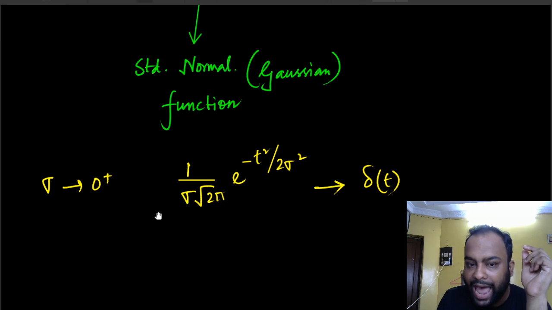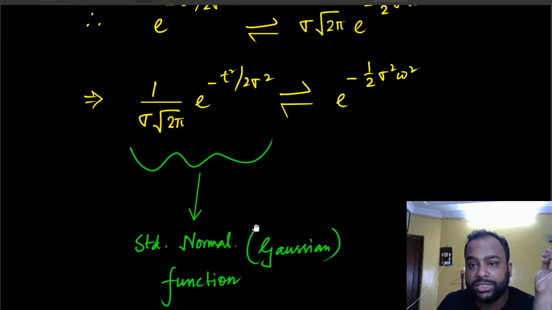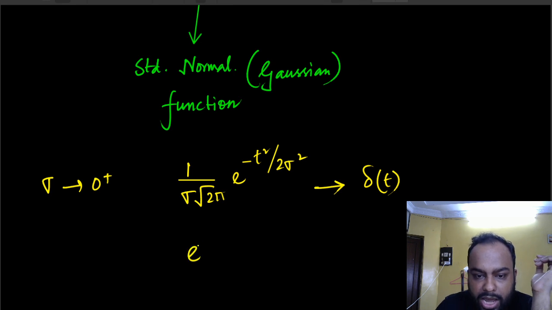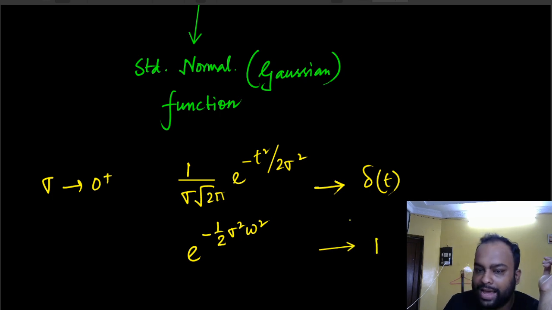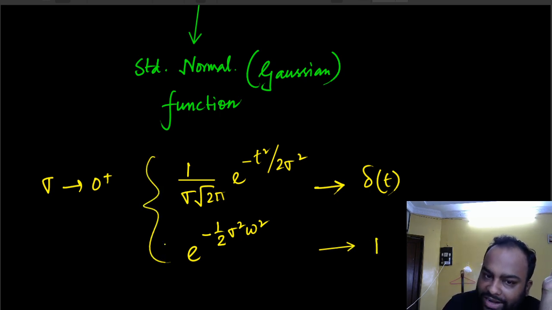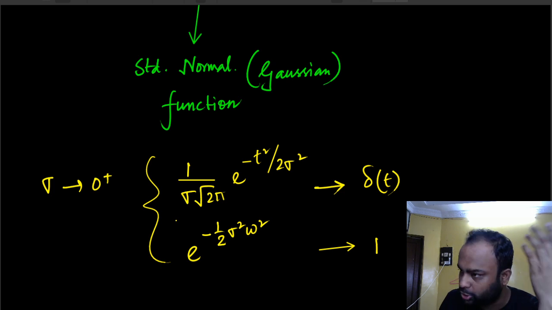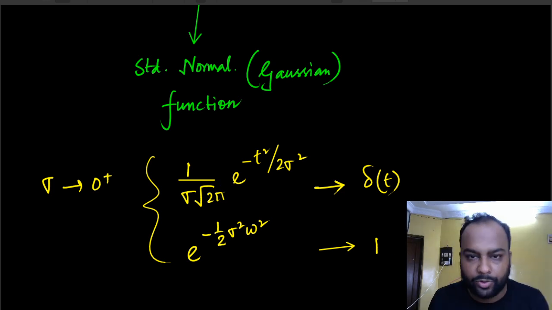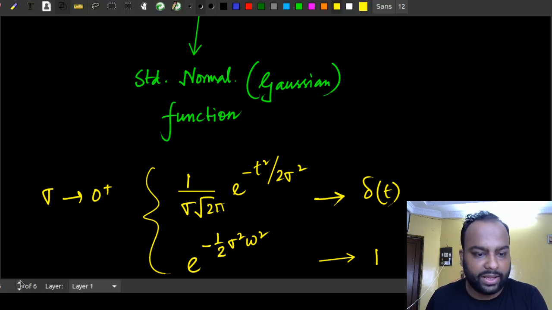And its Fourier transform, e to the power minus half sigma squared omega squared, becomes 1. That's to be expected, since we already know the Fourier transform of delta(t) is equal to 1.